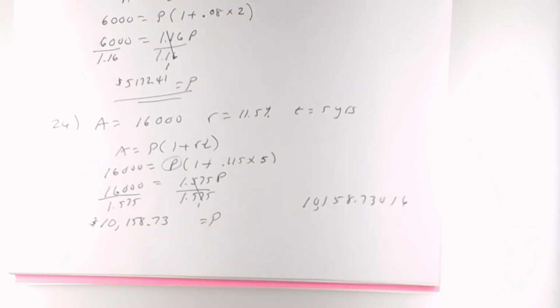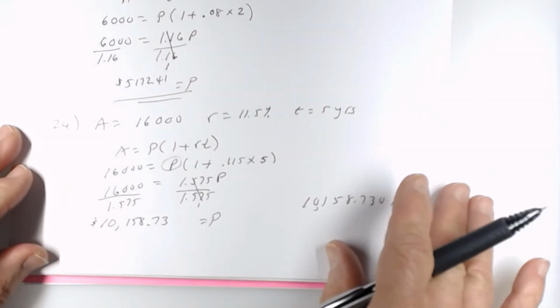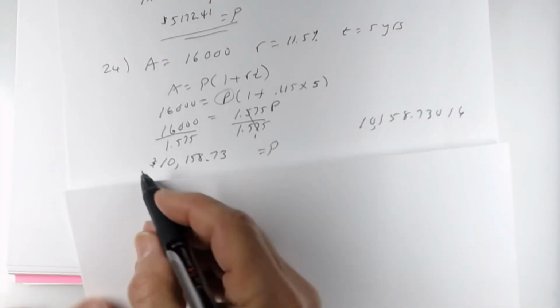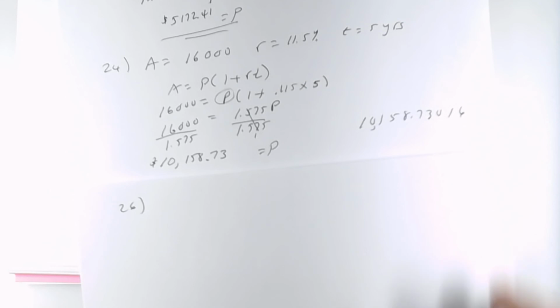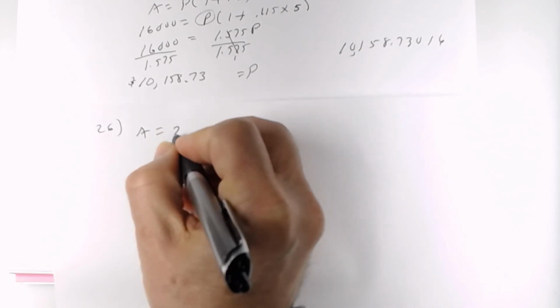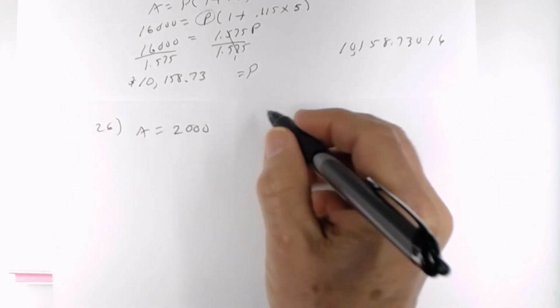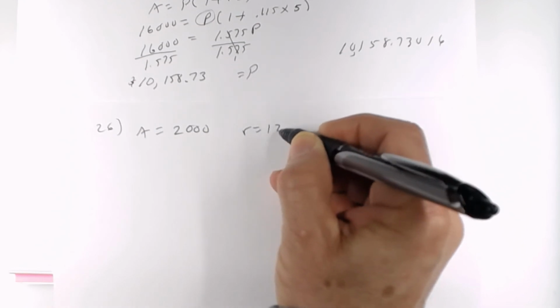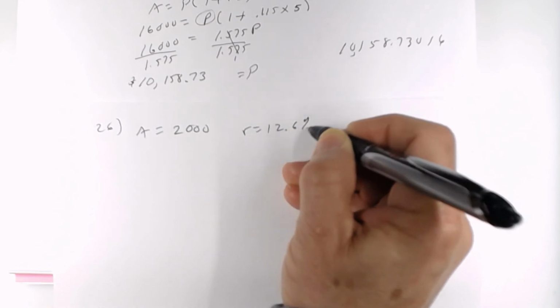Now let's look at number 26. Okay, 26. All right, this time you have A equals 2,000. So the future value is $2,000. The rate is 12.6%.